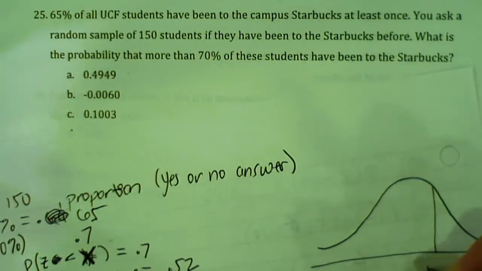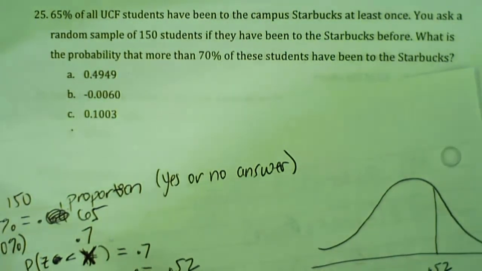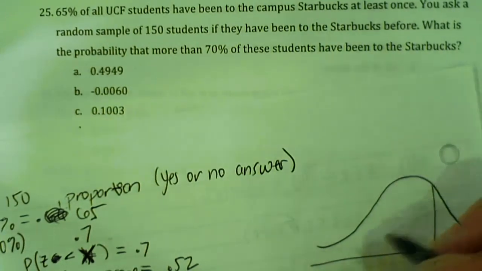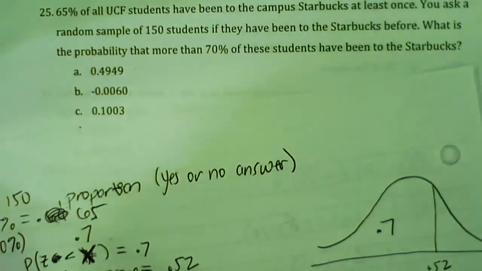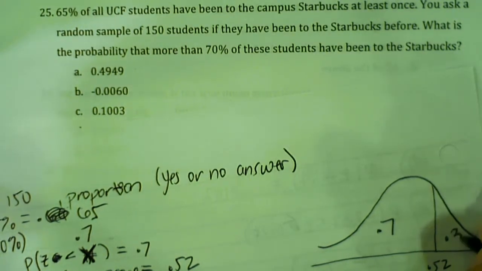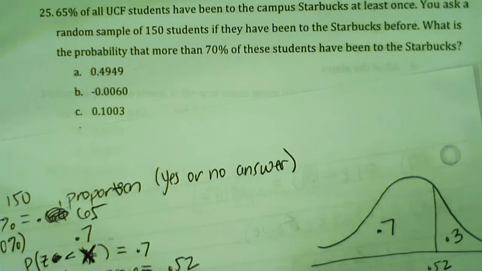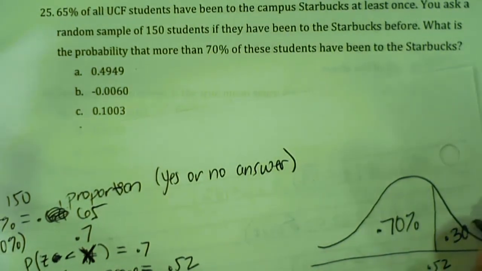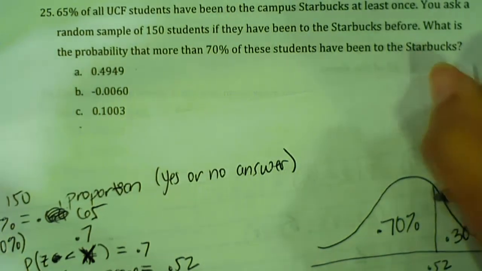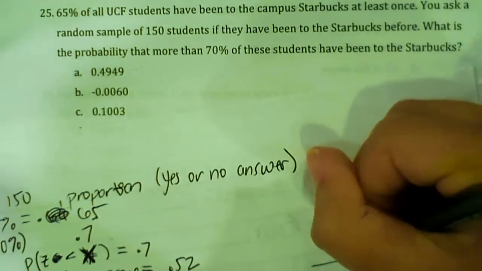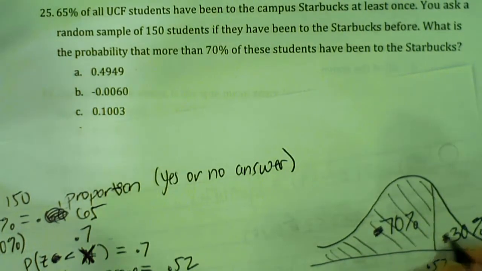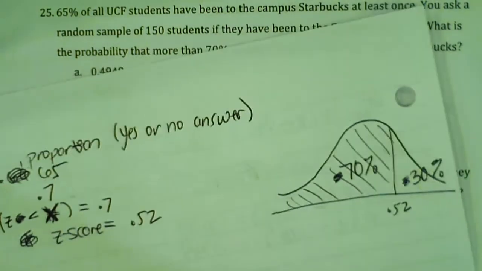Z-score here of 0.52, and that is when this is 7. So this would therefore be 3, or let's say 70%. Once again, I'm sorry that I keep doing everything wrong.